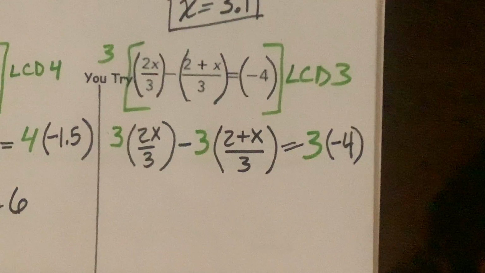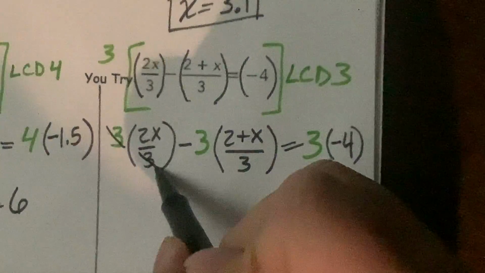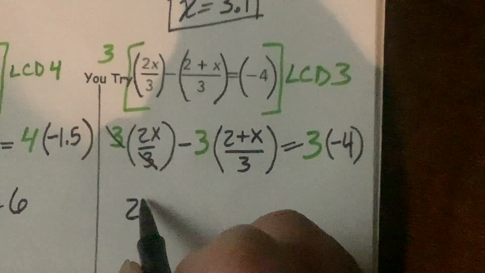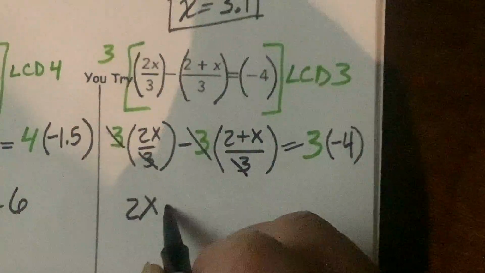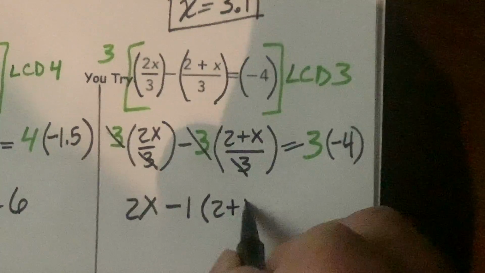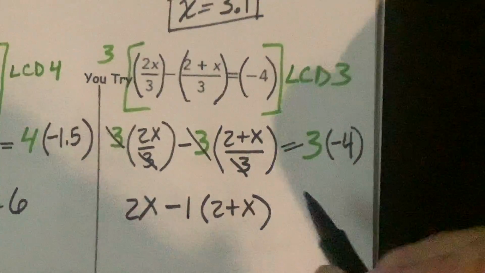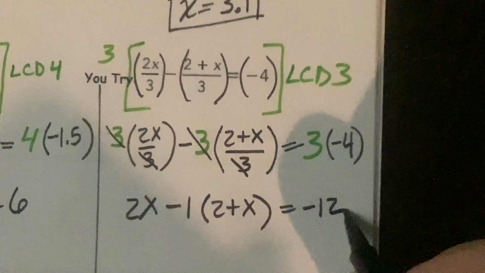Ha! I could do that canceling thing now. 3 divided by 3 is 1. Bring down the 2x. Negative 3 divided by 3 is negative 1. Bring down the 2 plus x in parentheses. Equals 3 times negative 4, negative 12.